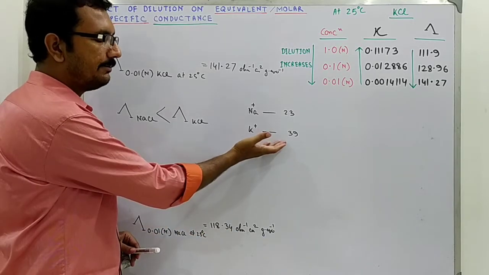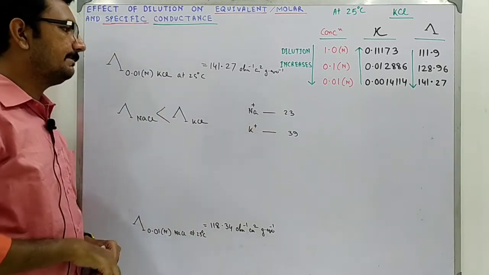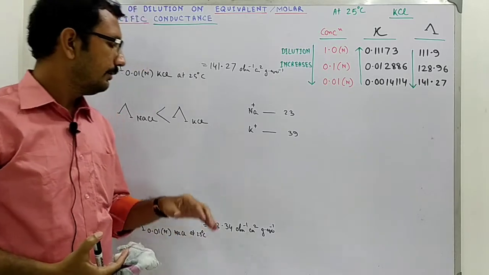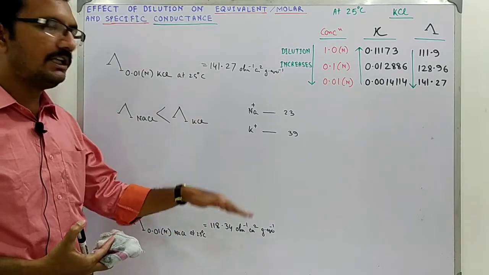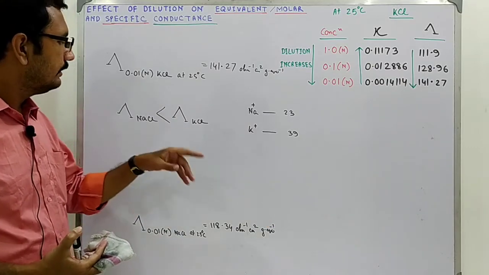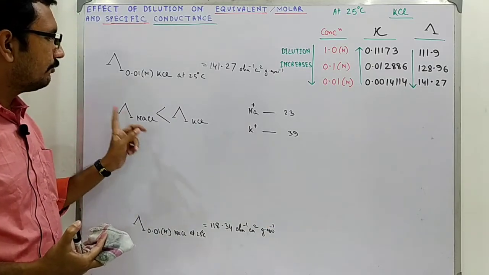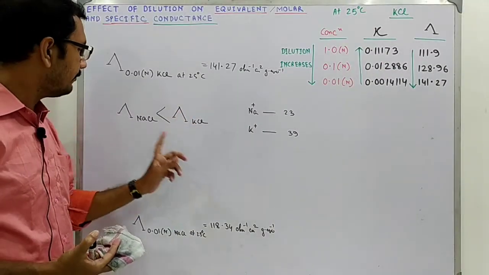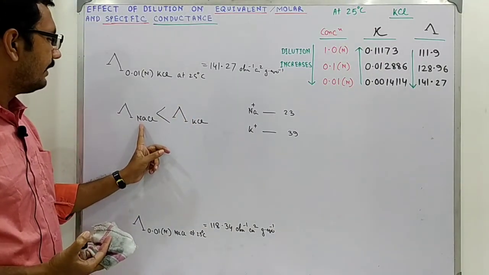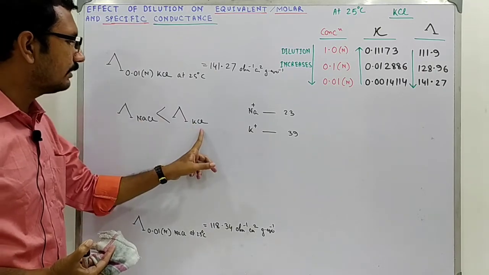Potassium is obviously heavier. So, it will be more difficult for potassium ions to flow in water than sodium ions while travelling towards the electrode. Conductance should be greater for NaCl than this one.